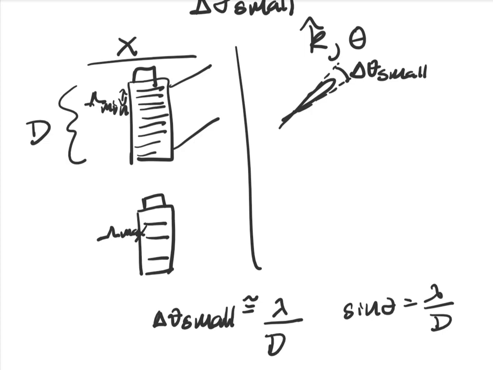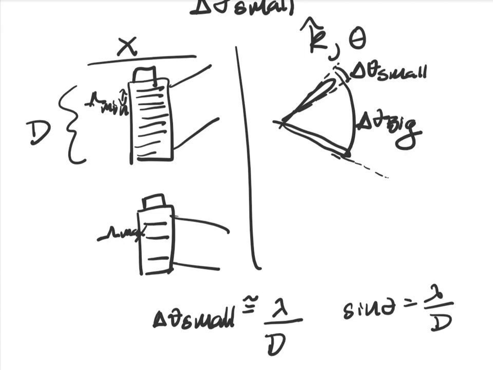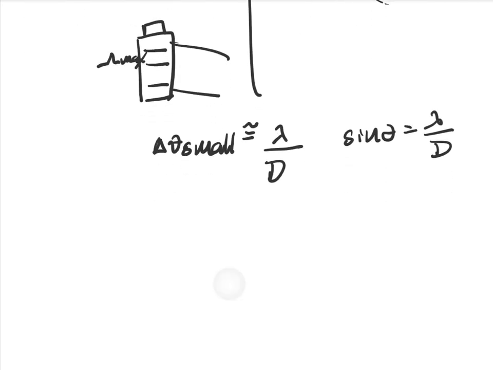Now, let's say that we excite it at the lowest possible frequency. Now we're going to have the other extreme of the deflection. And that total difference in deflection, the total bandwidth of angle, that's delta theta big.